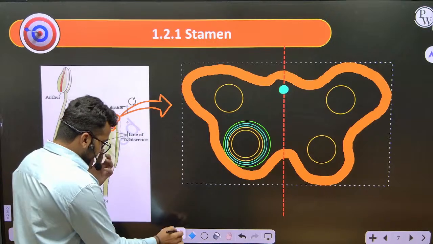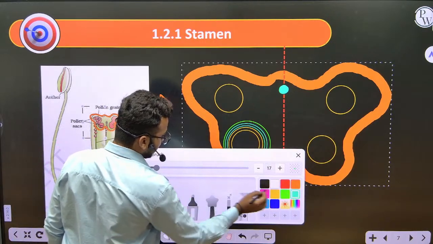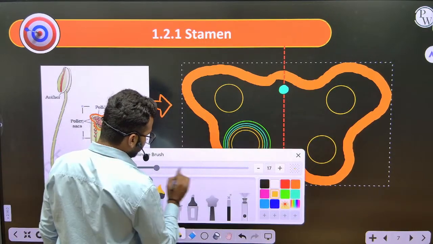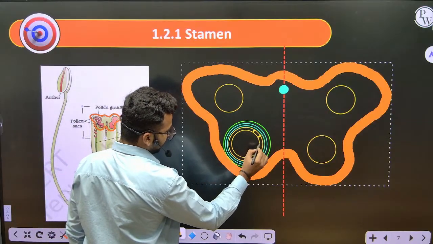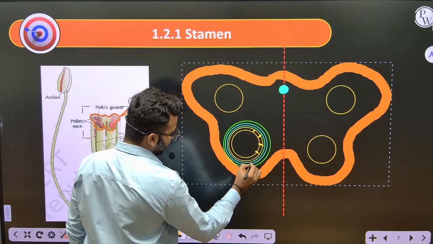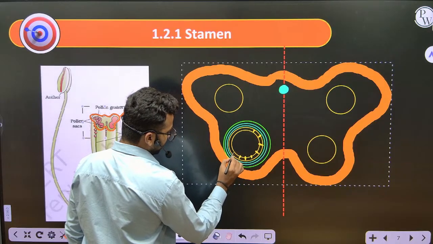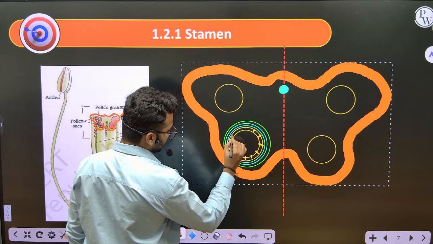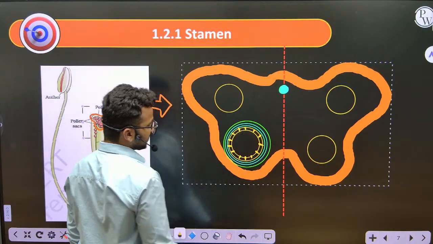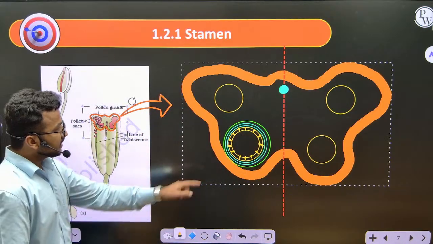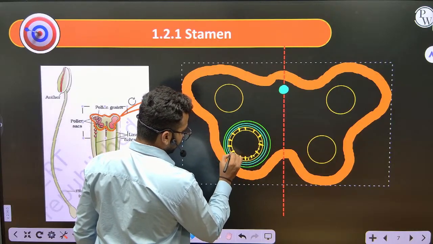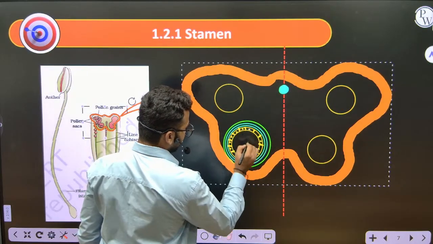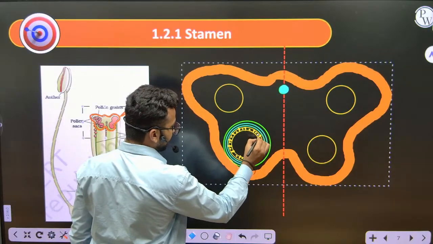Now I will label these cells: these are tapetal cells, the innermost layer of this sporangium or TS of anther. This layer we call the tapetum.